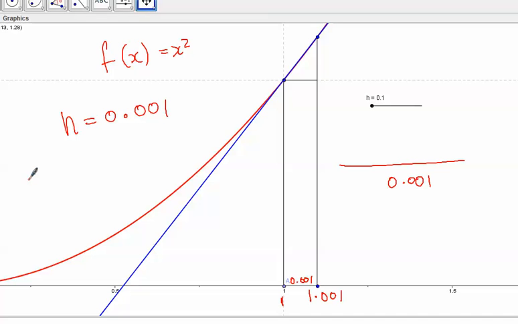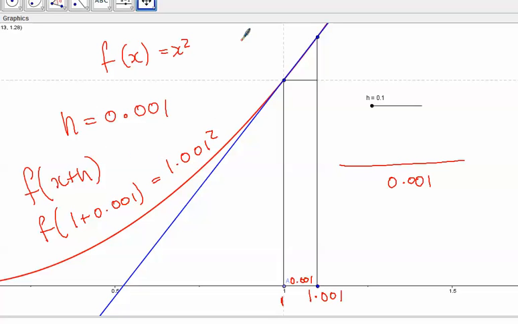Now, I have to work out f of x plus h, or f of 1 plus 0.001, which would be 1.001 squared. Let me try and work that out on the calculator. 1.001 squared is, okay, it's not very nice, but it is 1.002001.